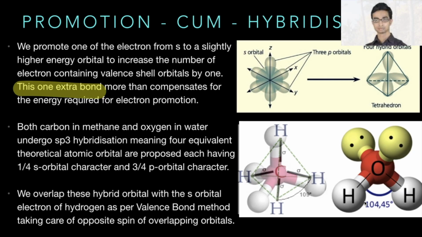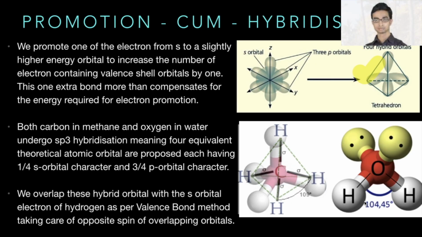Let us apply this promotion cum hybridization principle for the carbon and oxygen atoms to form methane and water molecules. Both undergo sp3 hybridization, meaning 4 equivalent theoretical atomic orbitals are proposed, each having 1/4 s orbital character and 3/4 p orbital character.